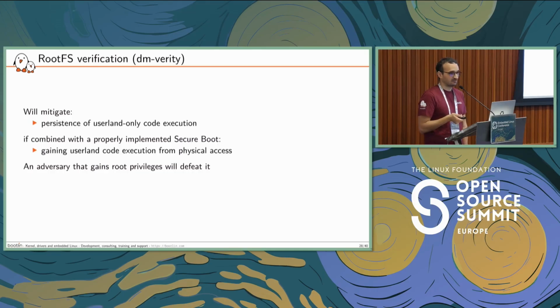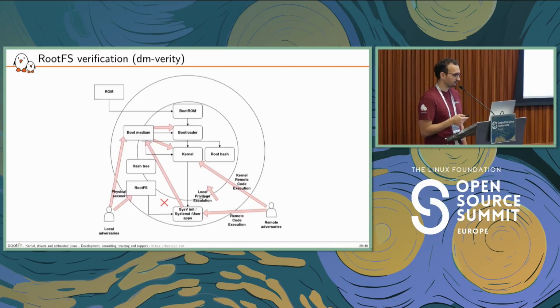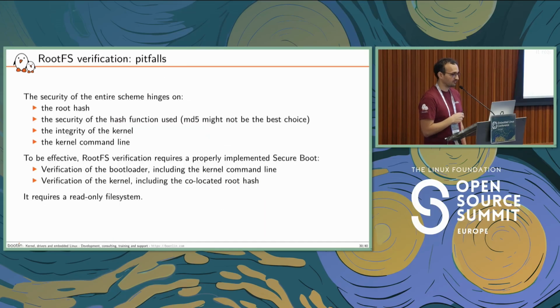The problem is this is implemented by the kernel, so anything that has kernel level privileges will be able to defeat Verity. But this is what we get. This is no longer possible. So we had these two with secure root, this one with Rootfs verification. So we've eliminated this side of the threat model. This one, well, it's still here because that's not what we were looking at with this.